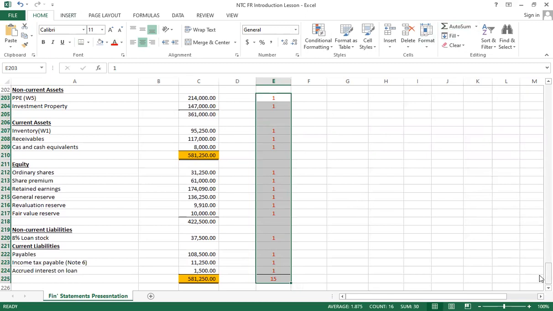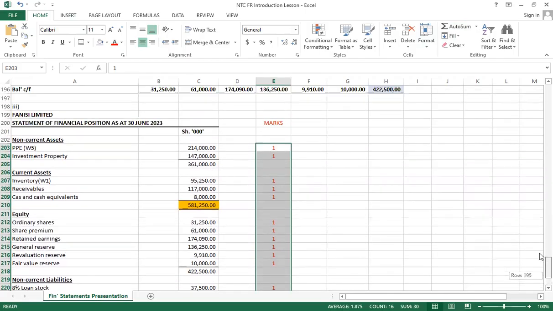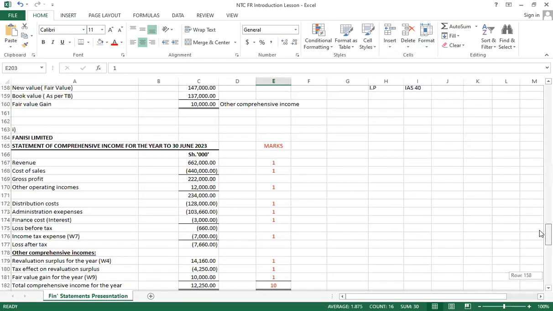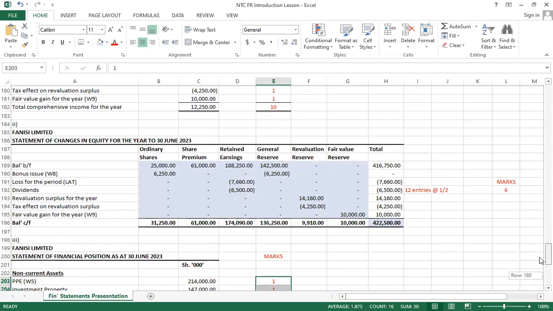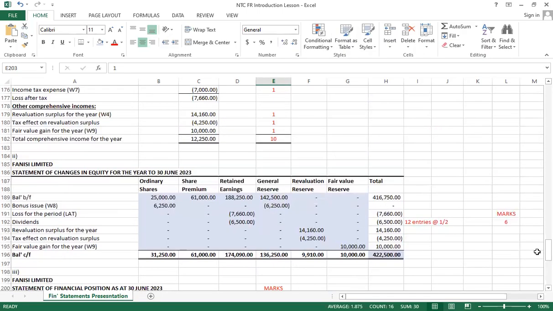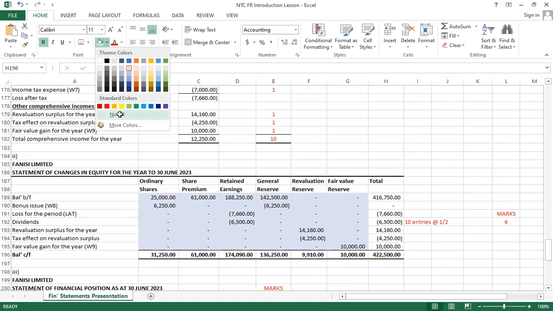So that 15 plus here we have 6. Because 10 plus 6 is 16, plus 15 is 31. The question had 30 marks, so I can reduce the statement of changes to 10 entries. That means I'll not mark the final entry.